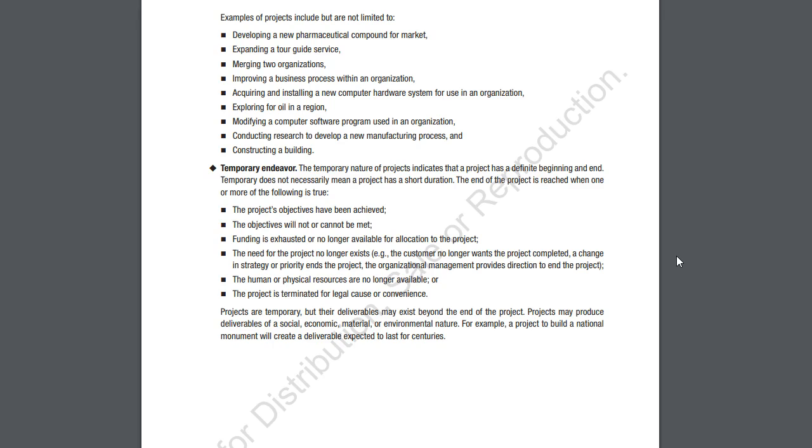So it's temporary. There are different ways that a project can have an end. It can be completed. Okay, that would be great. We may decide we can't continue, that we don't have the money to finish the project. All right. We may find that we no longer need it. And that happens in our world a lot, especially in things like software.